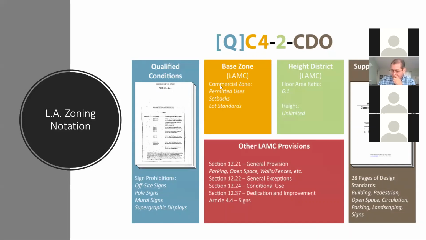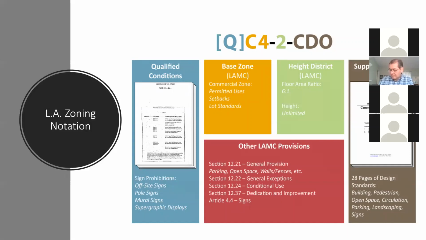So this is a commercial zone, obviously, and this will decide the permitted uses, which is really the main thing. But then also setbacks and lot standards, which would mean minimum lot size or minimum lot width. Obviously, these vary across cities, but usually it'll be R for residential, and then it'll go one through 3 or 1 through 5 based on the intensity.